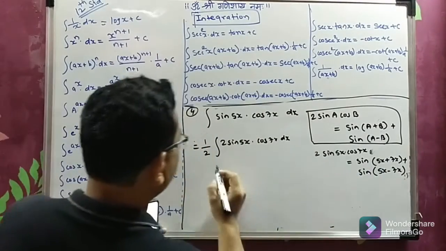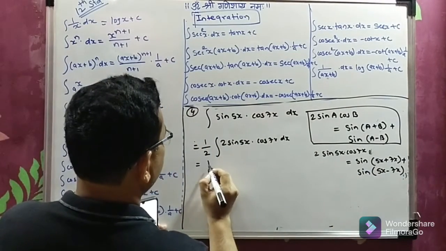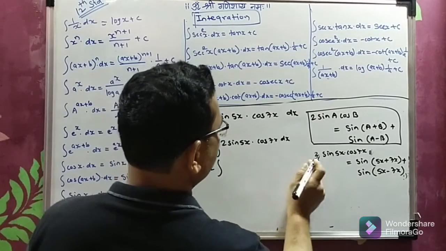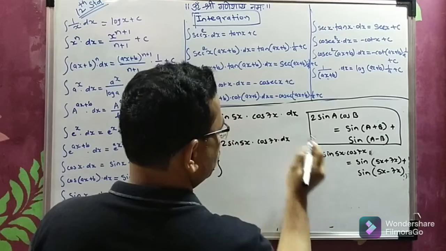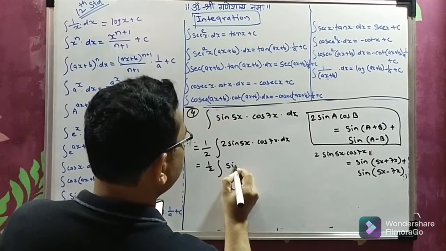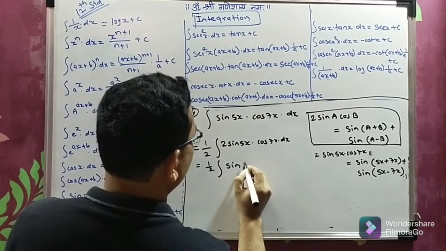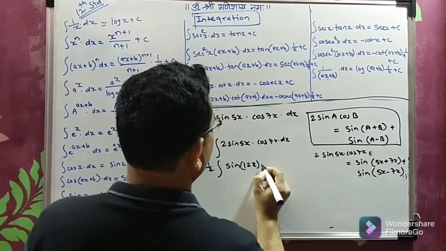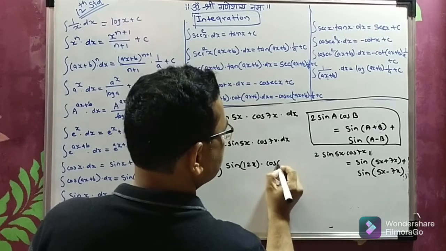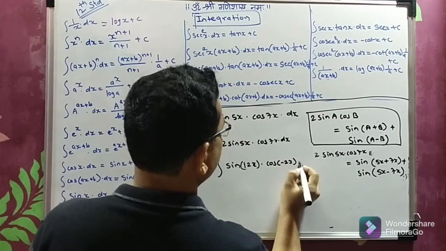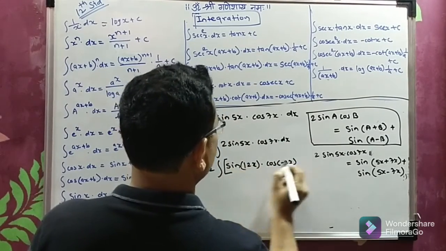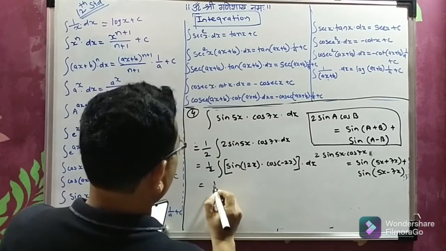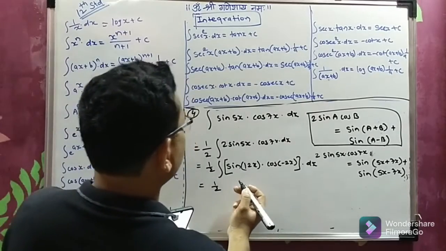Now we simply write here 1 by 2, 2 sin 5x dot cos 7x dx. So we will write directly sin 12x plus sin minus 2x dx.